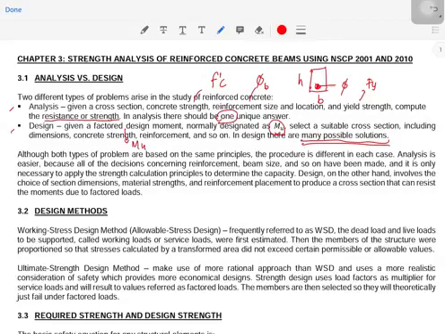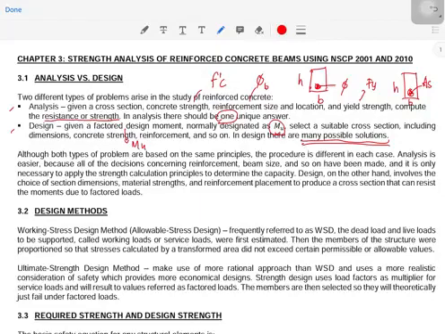It's up to you to decide what would be the dimension for b, what would be the b and h, and also the As. So that's it for design.